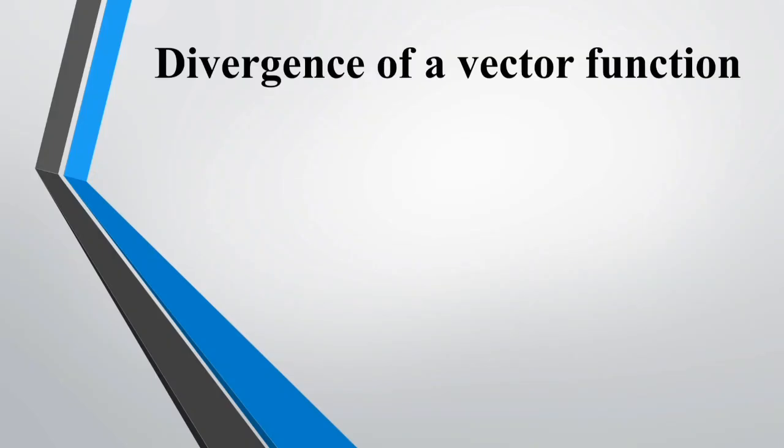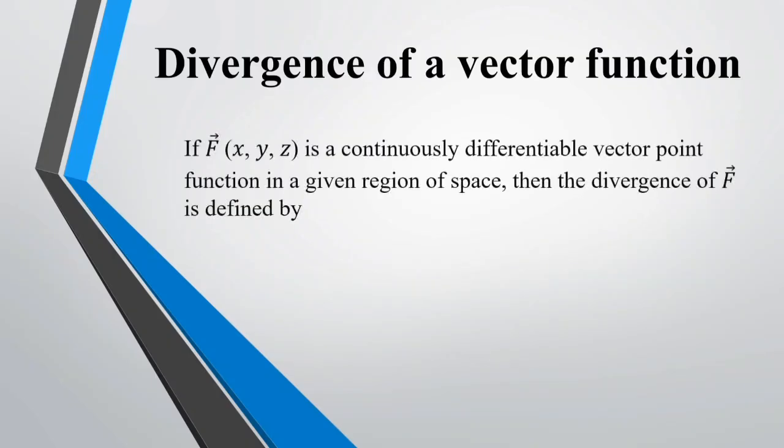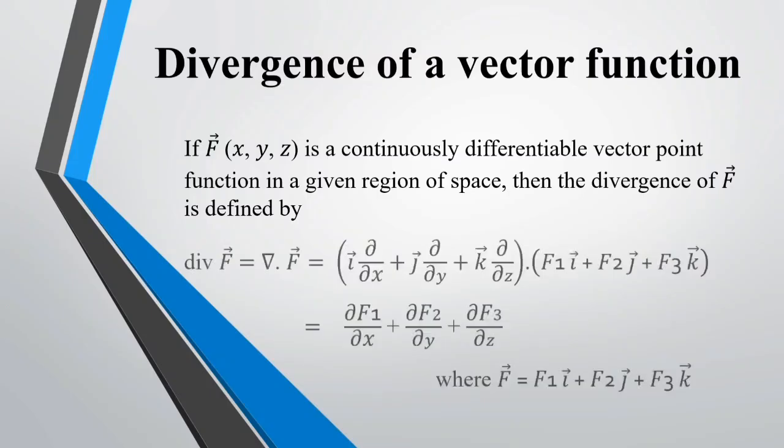The next definition, divergence of a vector function. If f vector is a continuously differentiable vector point function in a given region of space, then the divergence of f vector is defined by divergence f vector equal to del dot f vector, that is equal to i vector dou by dou x plus j vector dou by dou y plus k vector dou by dou z dot f1 i vector plus f2 j vector plus f3 k vector, which is f vector.